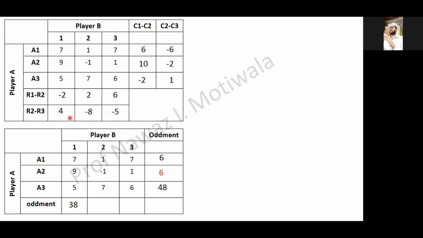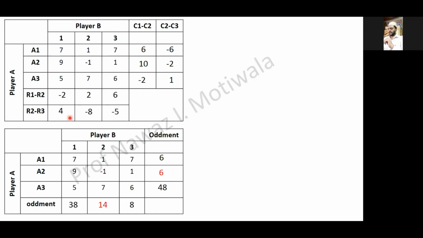So 10 minus 24, I will get minus 14, but I will write 14. You can see I have marked it in red because the actual answer I was getting was minus 14, but as I am finding the oddment and an oddment cannot be negative, I have written it as positive 14. Similarly, on calculating the third part, I will get the answer as 8.